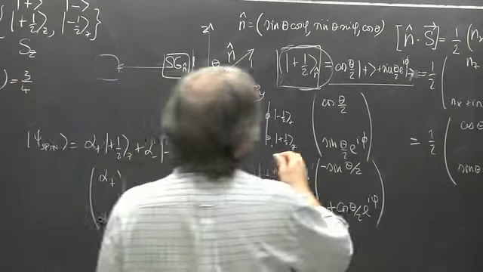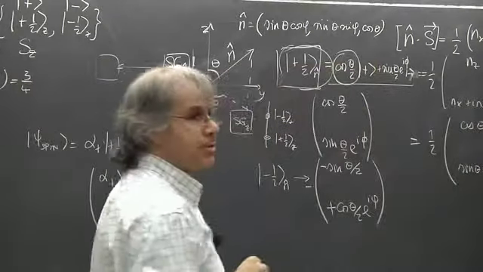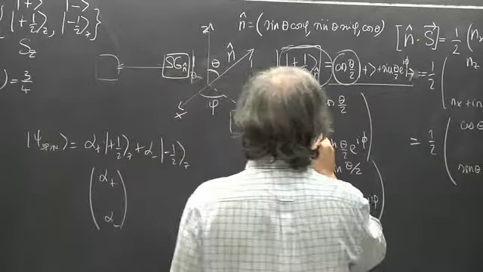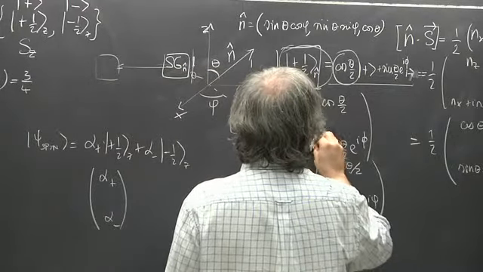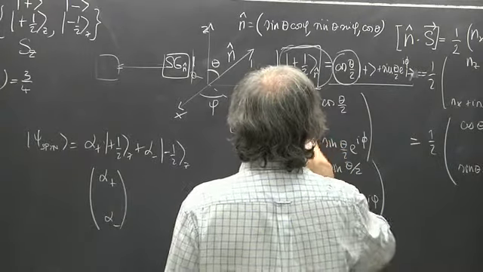Right. So the probability of obtaining this is the square of this. So it is equal to cos square theta over 2. Let me write it here.